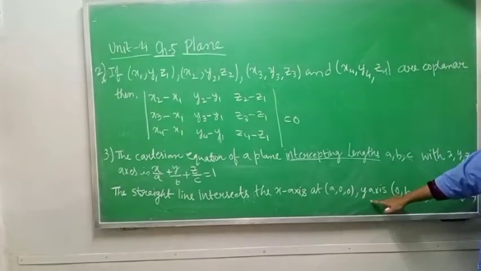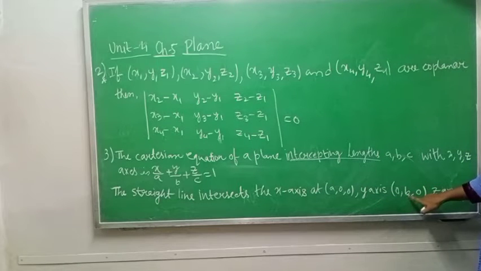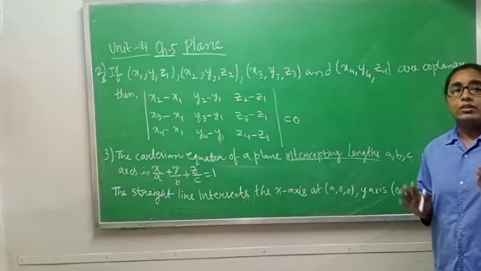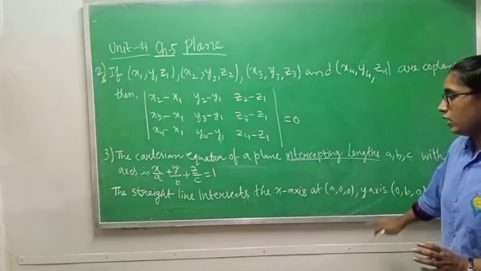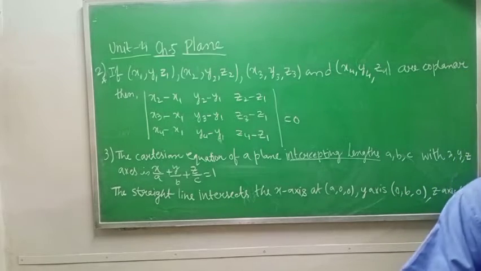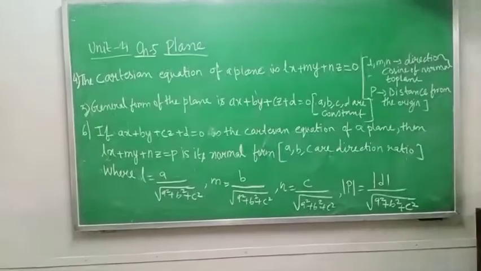If it is intersecting the y axis, then in the y place you will write b and x and z will be 0, and the same if you see the z axis, you can see 0, 0, c. It means in z you will get any point, but x and y will remain 0. Okay, so please copy this one.